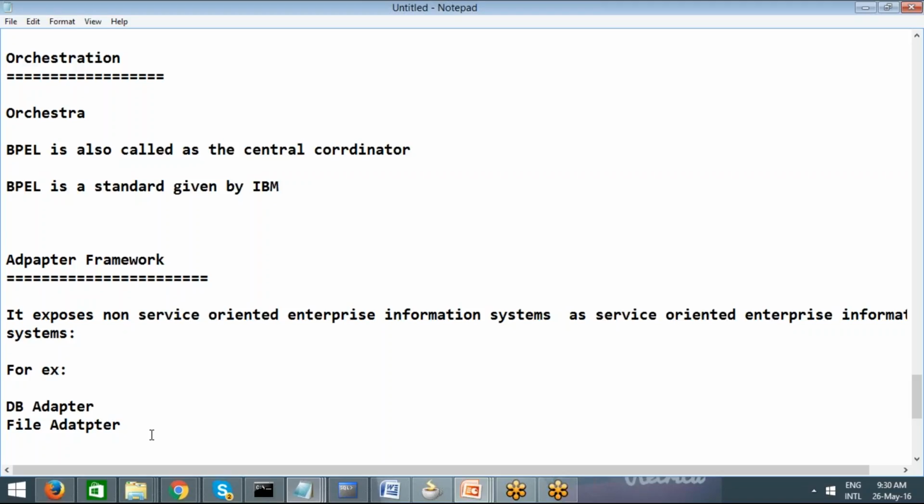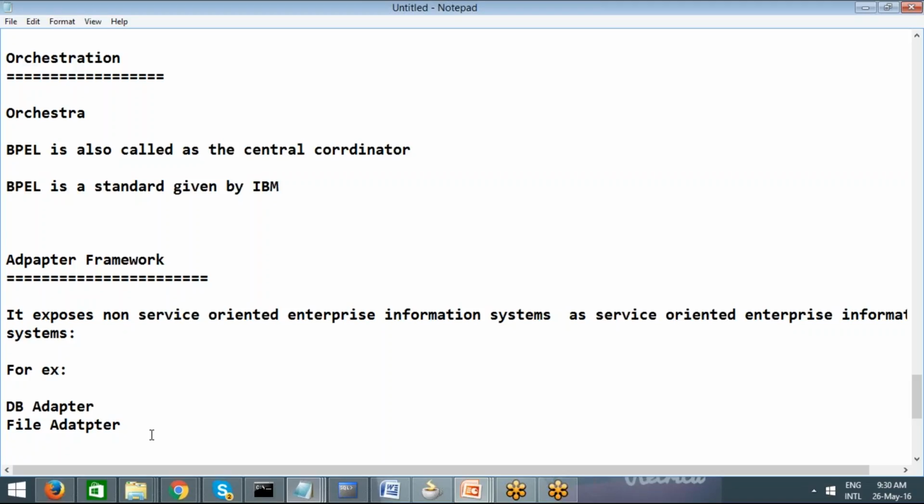With some systems, this functionality might be available out of the box. If it is not there, Oracle SOA Suite has introduced an adapter framework which allows certain configurations such that the non-service oriented system can also expose itself as service oriented.